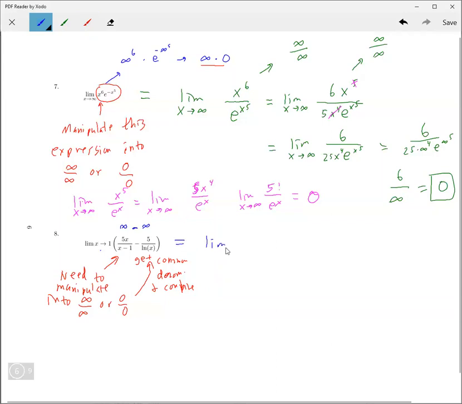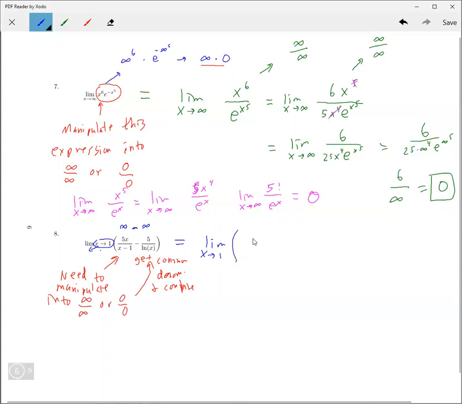So, limit as x approaches 1. Dang, I forgot to put this down. But this should be, dang, that's bad notation. It should be there. Okay, like this.